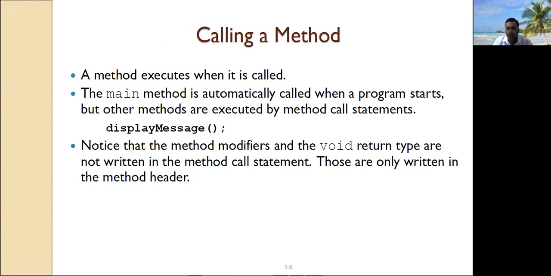We can say that the main method is the entry point for execution of a program, from which the execution of the program starts. Whereas when any other user-defined methods are defined inside a program, we need to call those methods inside other methods or inside the main method. Then those methods get executed.